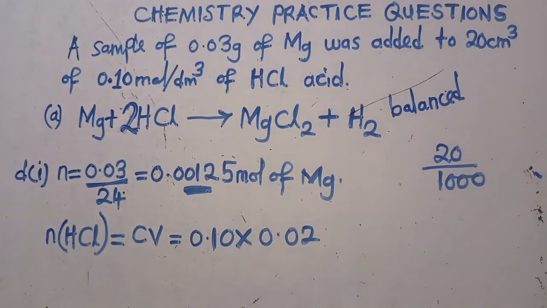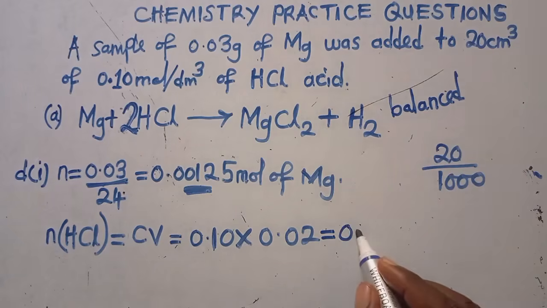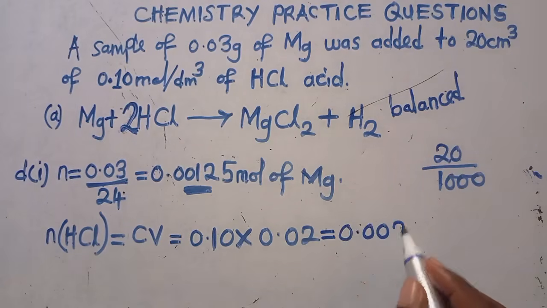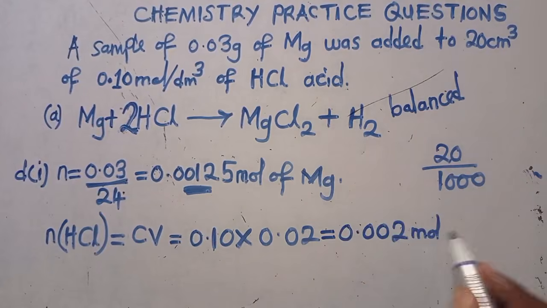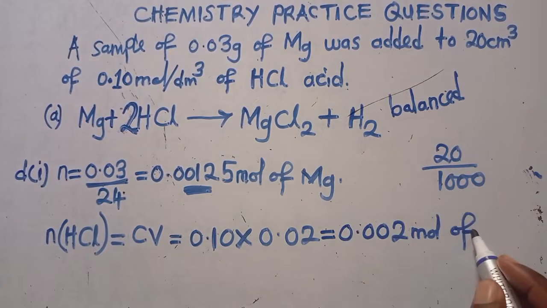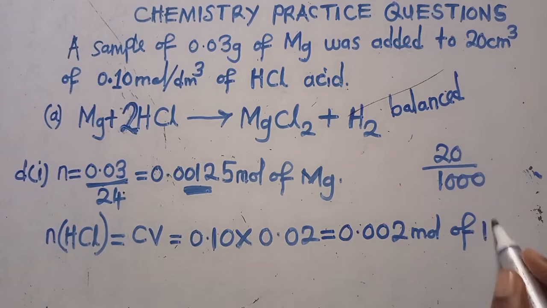So we multiply 0.02 times 0.10. What answer are we getting? This is equal to 0.002 moles of hydrochloric acid.